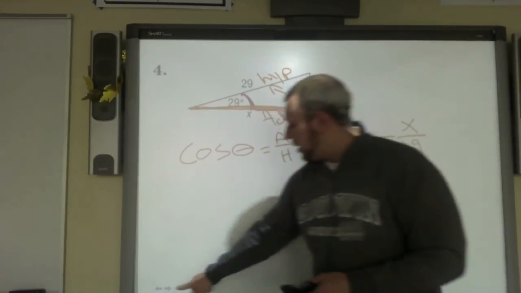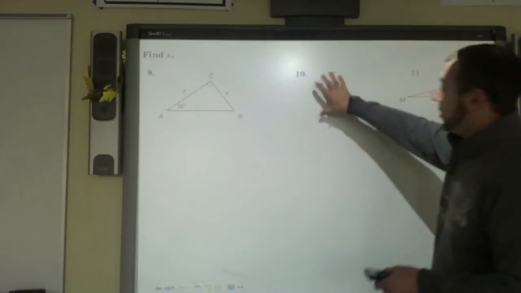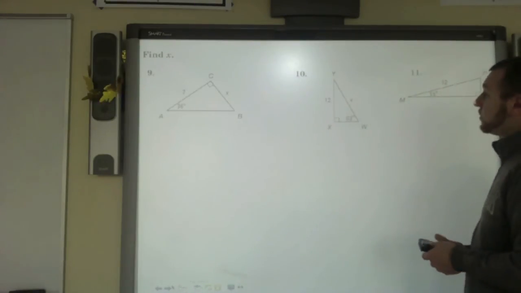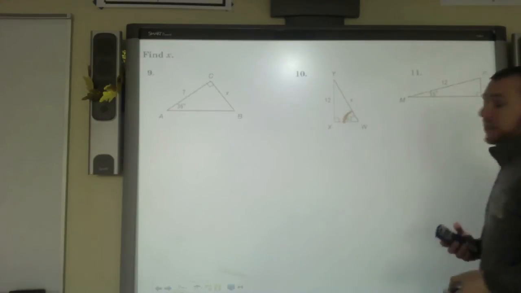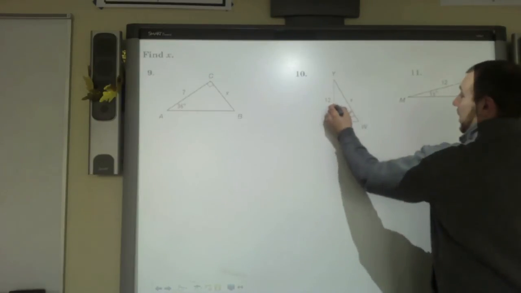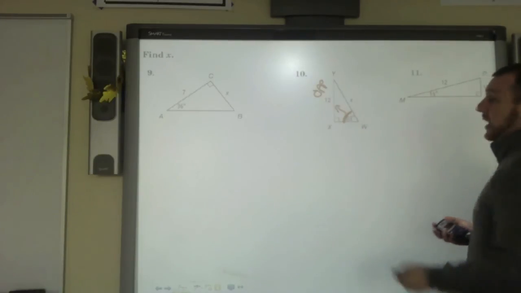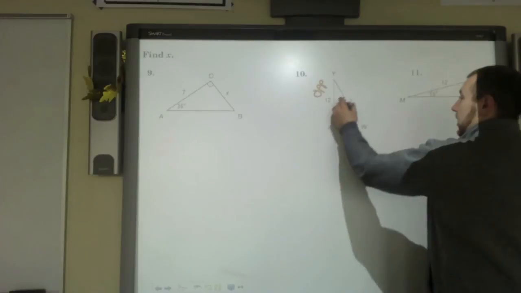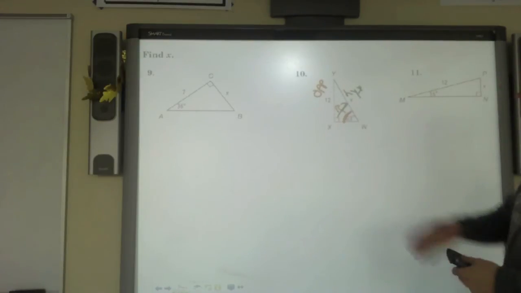The other example I'm going to do, number 5 I'm not going to do, I'm going to go on to 10 here, because now I have this 63-degree angle, I have the side opposite of it, and I have the hypotenuse, because the hypotenuse is across from the 90-degree angle.